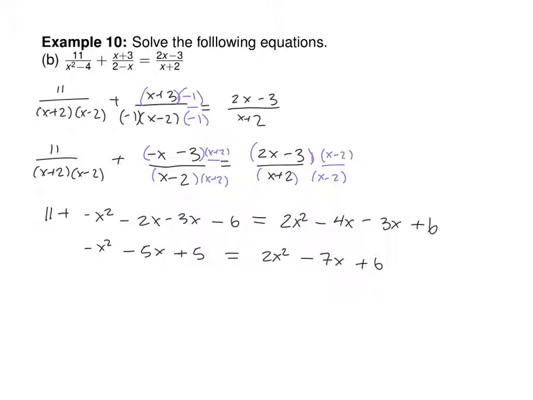All right, let's move everything. I'm just going to put it all on the right side because it doesn't really matter. So if I add the x squared over, how many x squareds do I have? 3. So then if I add the 5x over to -7, you get -2x. Take away the 5, I get plus 1.